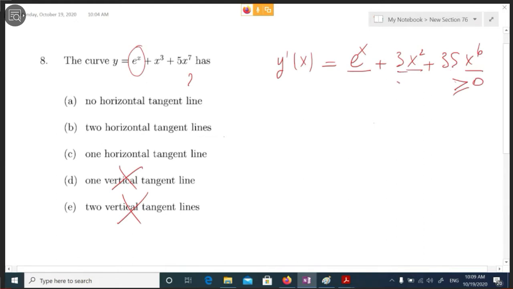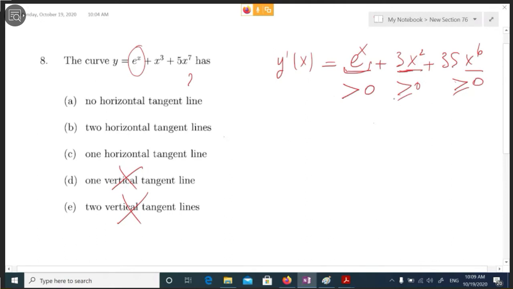And this term here is also non-negative, because x squared. And this term here, is this true or false, if I write it like this? No, bigger only. Okay, good. So this is strictly greater than 0.